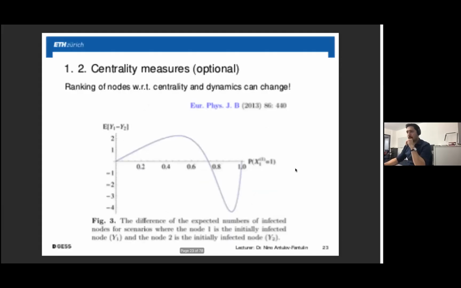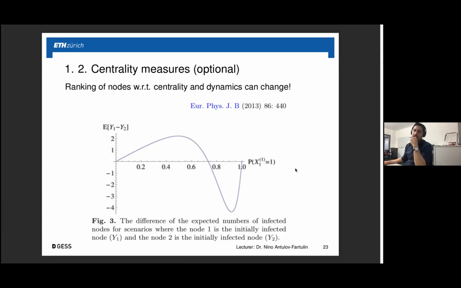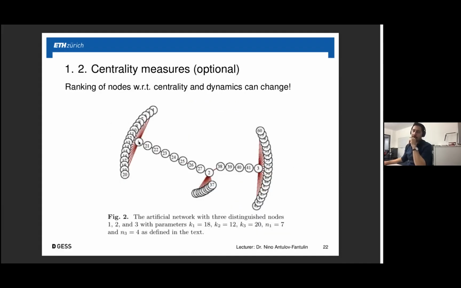Okay. And now what we can do is theoretically calculate, for example, the expected value that a certain node will infect other nodes in this network, and we can calculate this in asymptotics of time.